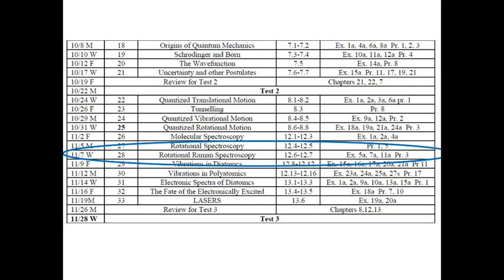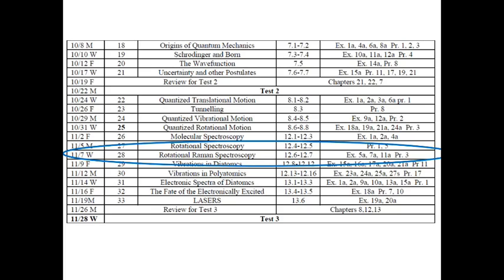So today, this is lecture 29, but really lecture 28, so this is kind of weird how the numbering is working. But we're going to be talking about rotational Raman spectroscopy, and Raman spectroscopy, really rovibrational, so we'll talk a little bit about that as we go here. And you'll like this pretty much, I'm hoping.